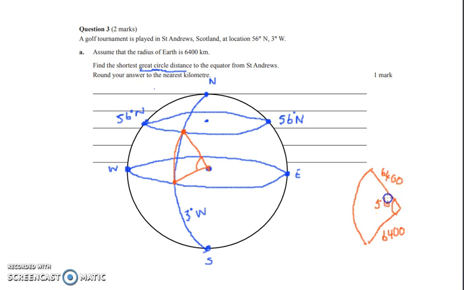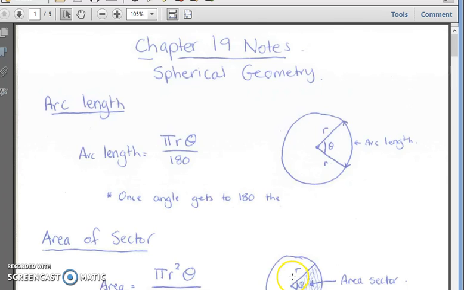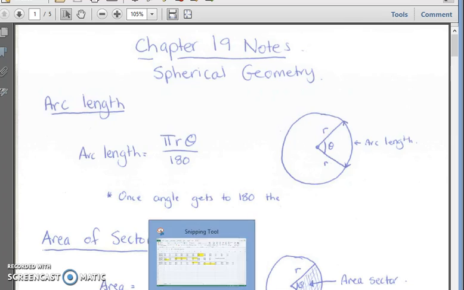So 56 degrees in there. What we're trying to find is the arc length, because we want the distance from St Andrews to the equator. From your chapter 19 notes, you've got the arc length formula, which is pi times the radius times the angle over 180. We can use this formula to find the arc length.